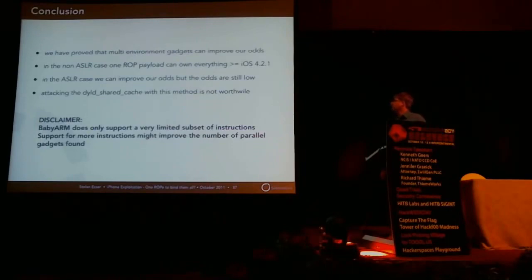We can have one ROP payload that does it for 4.0 to 4.1. I didn't show that, but it's the same thing. We also can see that for the ASLR case, we can improve our odds, but the odds are still low. And doing this kind of attack for the dynamic shared cache is not really worthwhile.